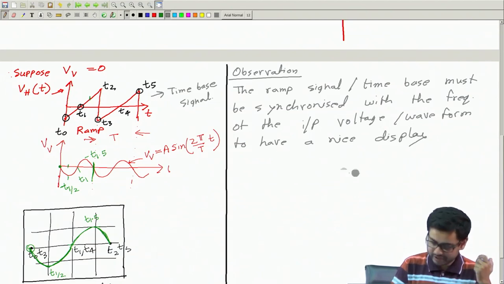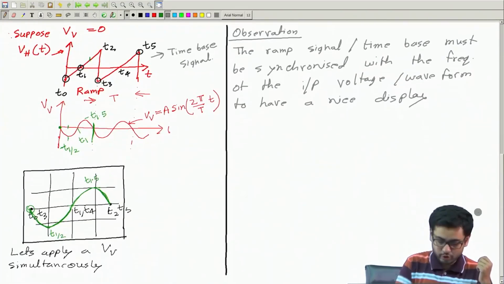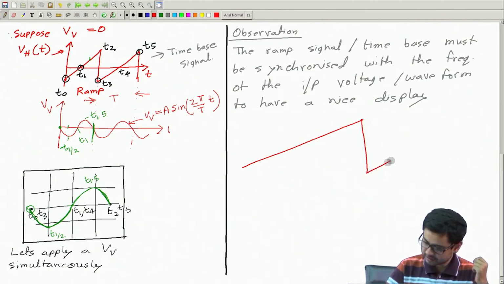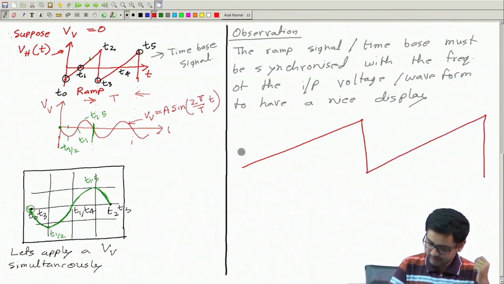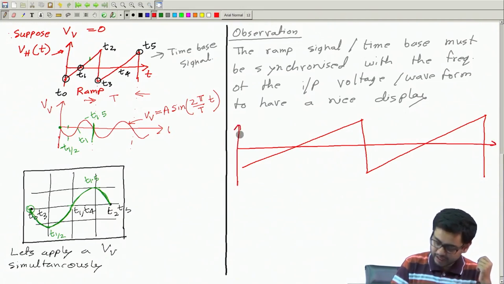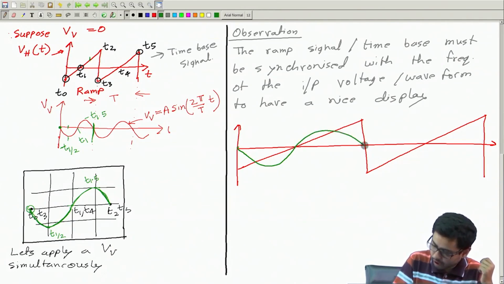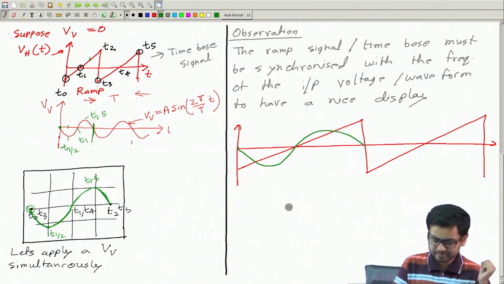Say, for example, I can take the same time base signal. Let this be the time base signal. This is the 0 level, and say previously I had the sine wave like this. So it used to complete one cycle within one period of this time base signal.